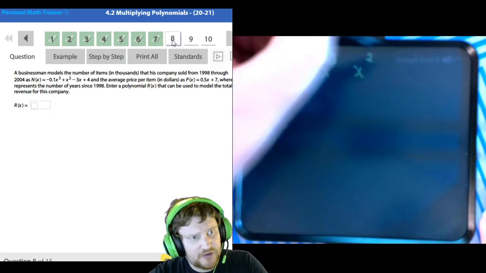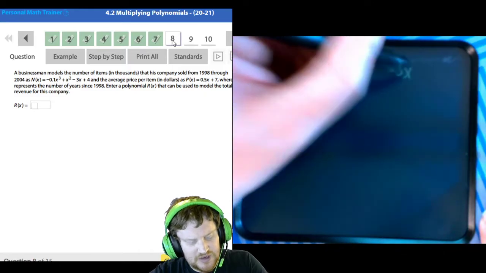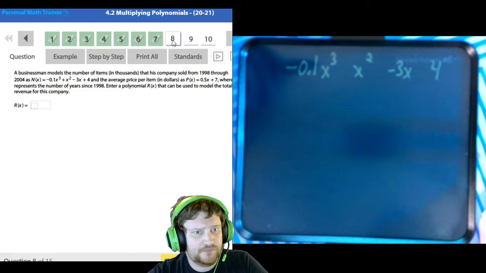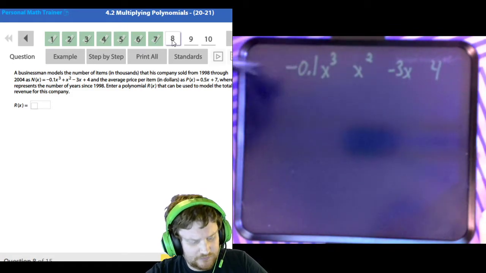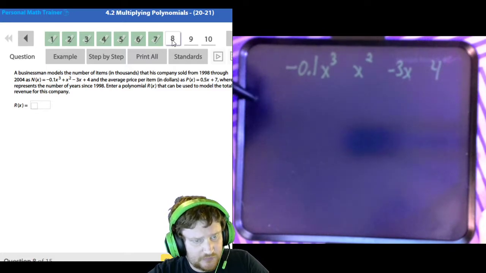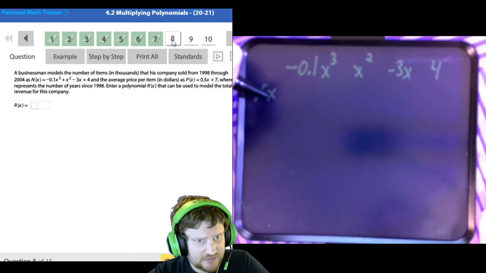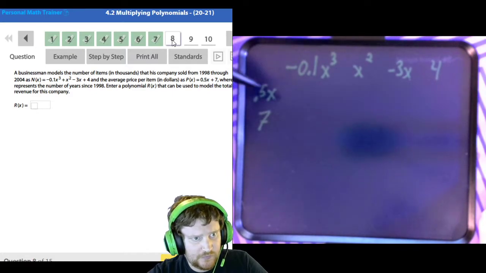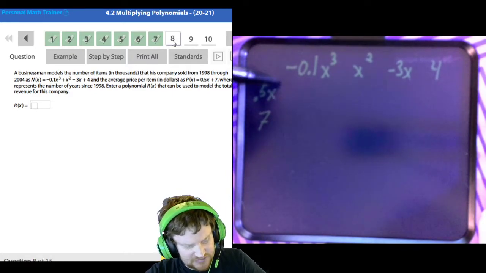x squared negative 3x and 4. And then the average price per item in dollars is 0.5x and 7, where x is the number of years since 1998.